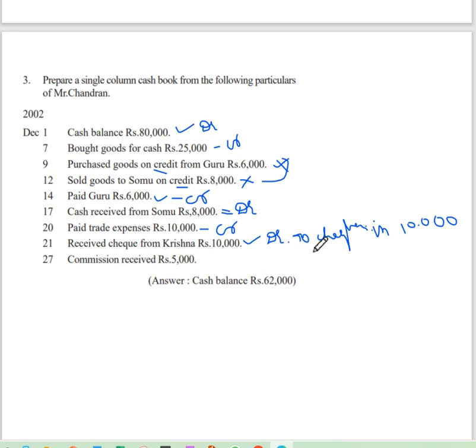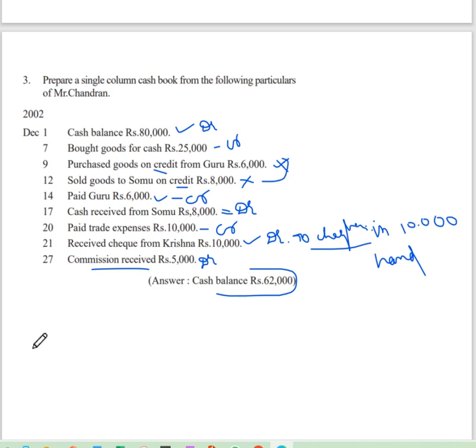And this check received, debit side, by saying to check in hand, 10,000 rupees, that you need to write. Commission received, again debit side, cash is coming. So when you check the balance, you will get a cash balance of 62,000 rupees.